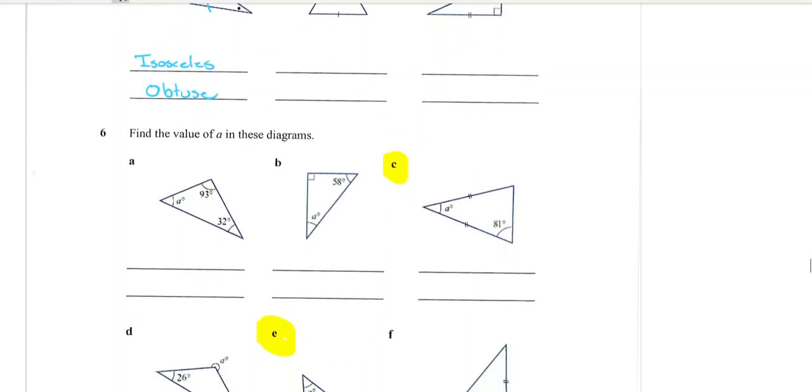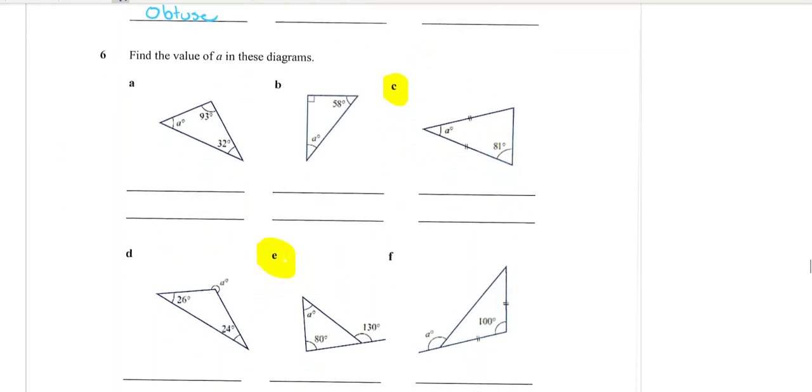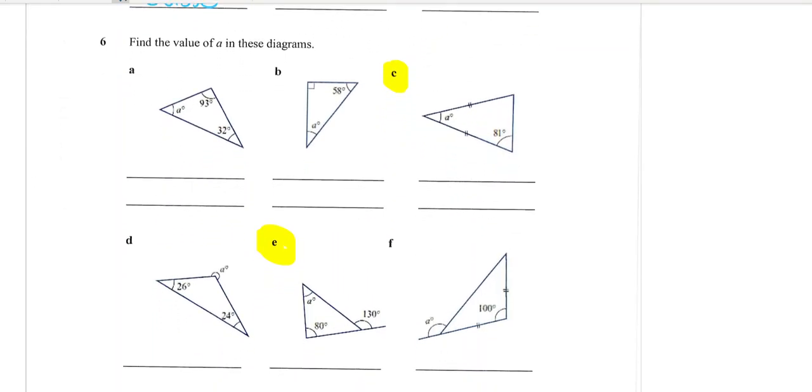Then in question 6, we want to find values of missing angles in triangles. And remember, the angle sum of a triangle is always 180 degrees. I'm choosing one of the harder ones because it's an isosceles in there as well. So because of the isosceles sides in that triangle, the 81 at the bottom here, this one here will also be 81 because the base angles have to be the same in an isosceles triangle.